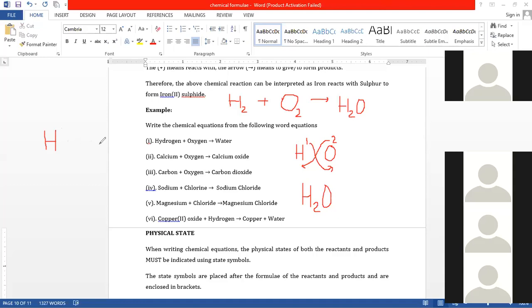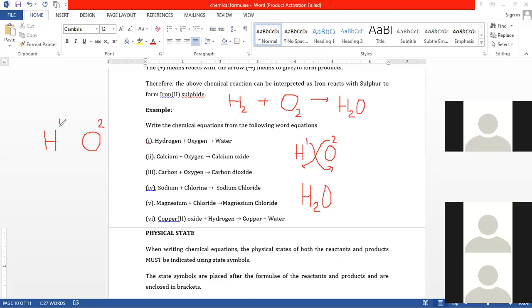So I hope you can differentiate between those two. The oxide radical exists as O negative, though in most cases we don't include the negative when writing chemical formulas. But when you revisit your table of radicals, you will see that. So you notice that the valency of the oxide radical is 2. So it will cross over to the hydrogen, and the one of hydrogen will cross over to the oxygen.